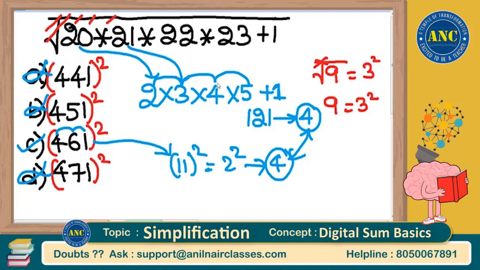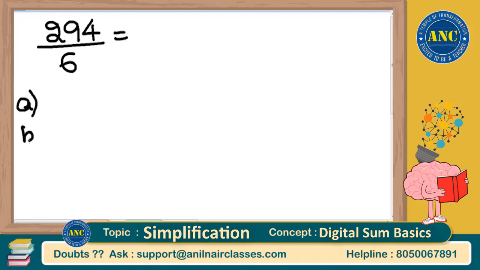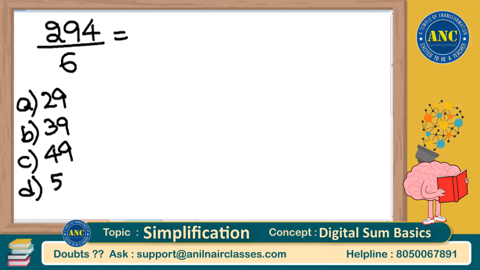Now, suppose for example, if the question is division, 294 divided by 6. I am just taking an easy question for you to make you realize. Options are 29, 39, 49, 59.